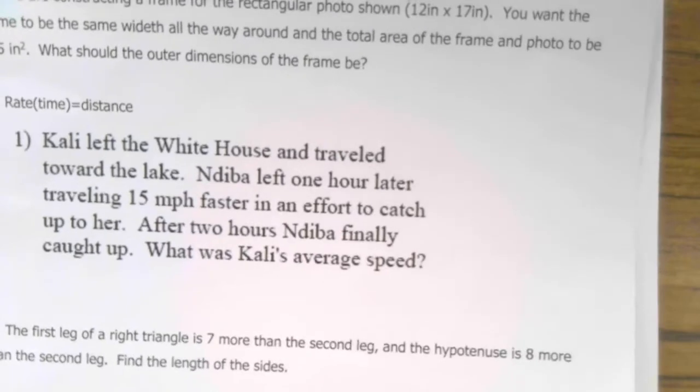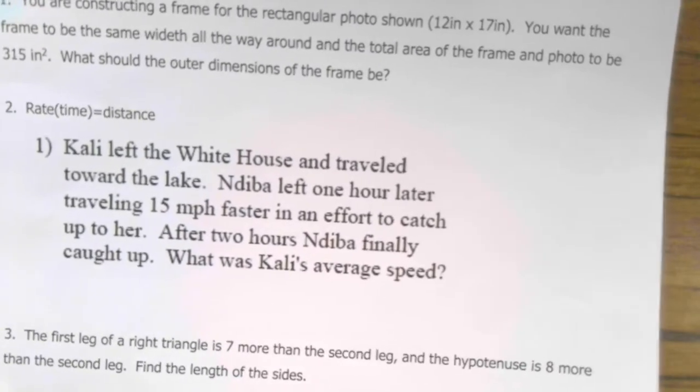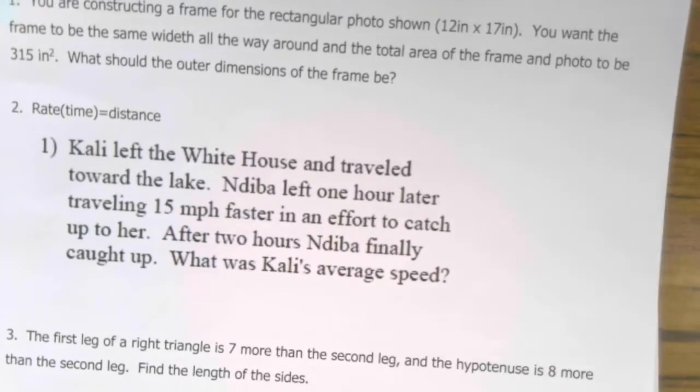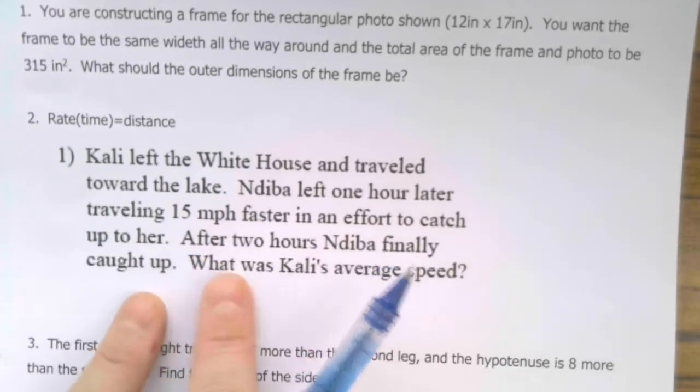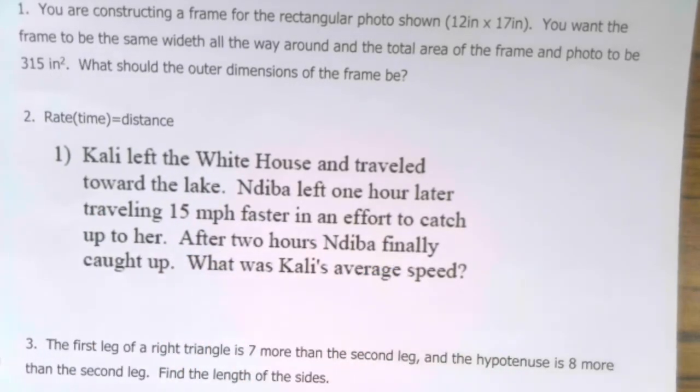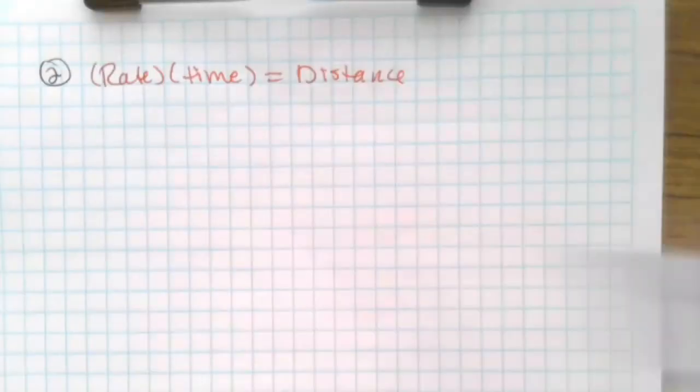Okay, so whenever you have two objects that are going to catch up with each other, if they're starting from the same place, it means that to catch up with each other, they have to have gone the same distance. If they start at the same place and they catch up, their total distance for each of them should be the same.